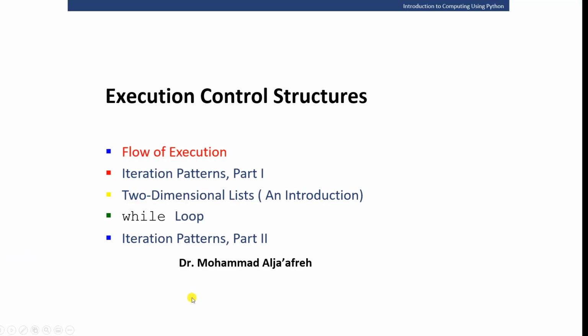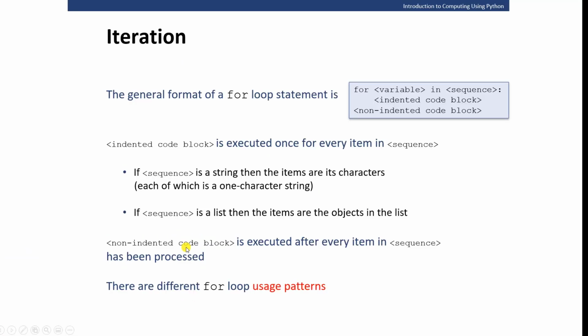Okay, so we have covered the basic iteration, and the general format of iteration is implemented through the for loop statement, where the variable sequence must refer to an object that is a string, list, range, or any other container type that can be iterated over.